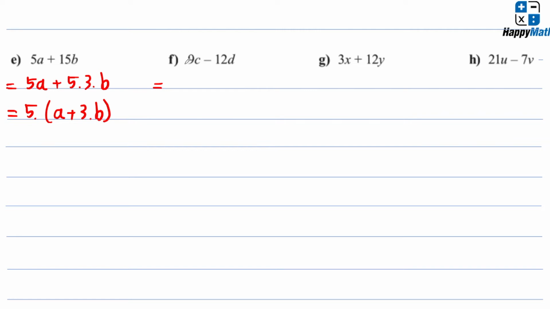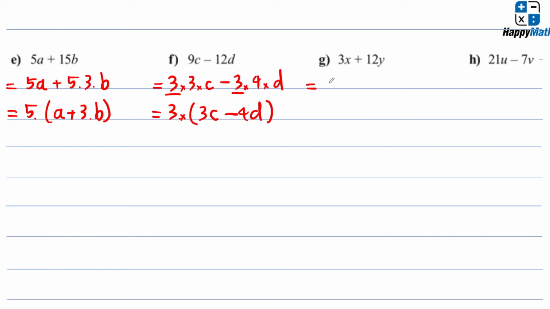I rewrite 9 as 3 multiplied by c, and 12 is 3 multiplied by 4 multiplied by d. I see only one 3 is a common factor, so I take 3 outside. Multiplying with what is left, it is 3c, and the left is 4d, so minus 4d inside the bracket. So this is my final result.